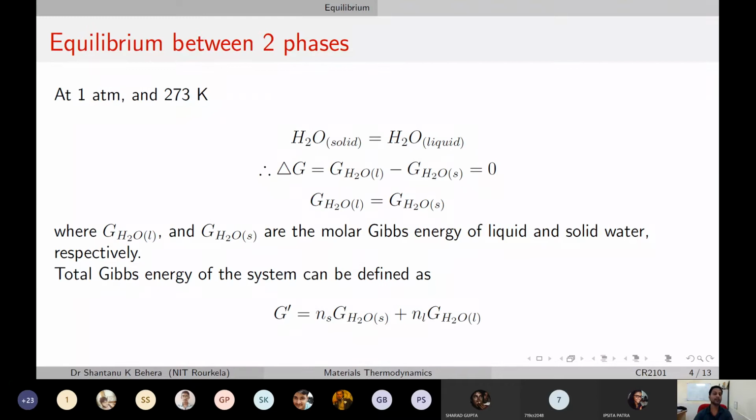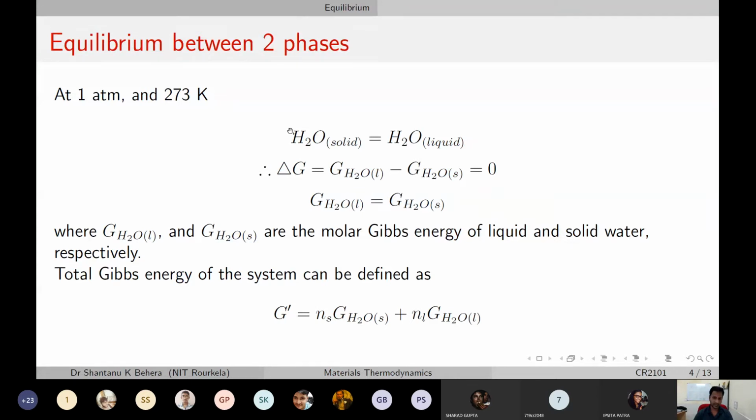Now, if you begin with the equilibrium between, let's say, H2O solid and H2O liquid, it's possible that we have it at 1 atmosphere and 273 Kelvin, that's 0 degrees Celsius, and this is where solid water and liquid water can be in equilibrium.